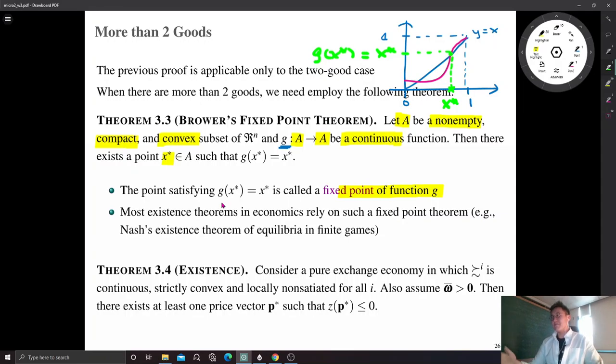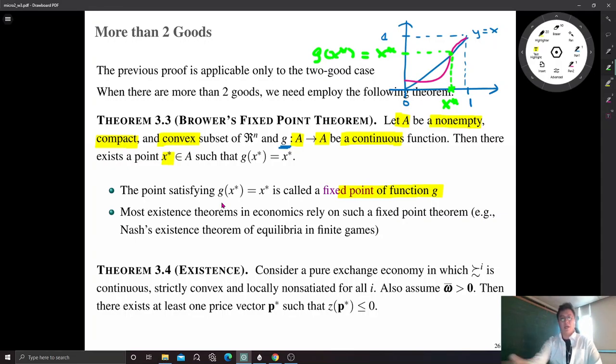So the games have finite people and finite actions. And John Nash in 1950 proved that such a finite game has an equilibrium. So since then, we call that equilibrium of a game Nash equilibrium, named after him.